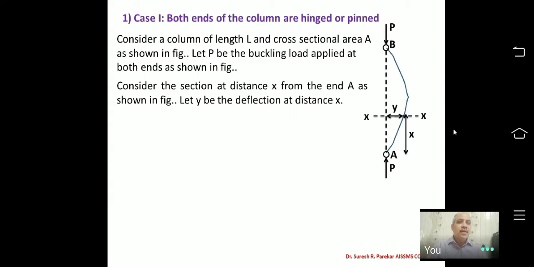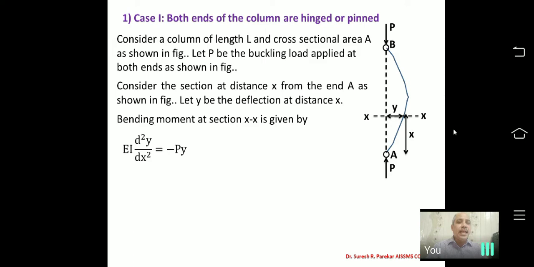Knowing this, we can write the equation for bending moment: EI d2y by dx square equal to minus P into y, an anti-clockwise moment. Therefore, we are taking minus P into y. If we simplify this, we take the right side value minus Py to the left side and we get plus Py equal to 0.